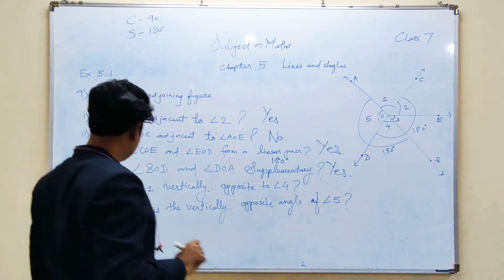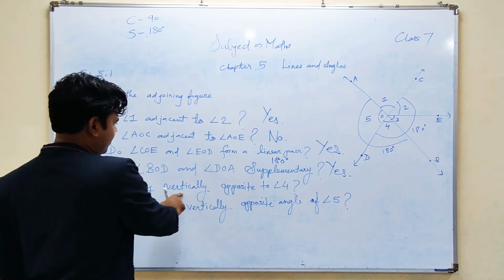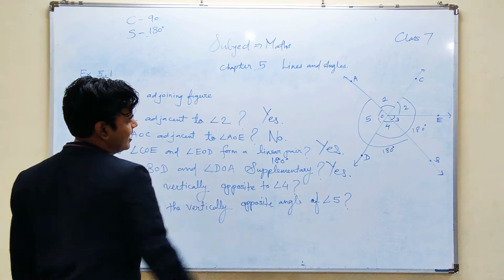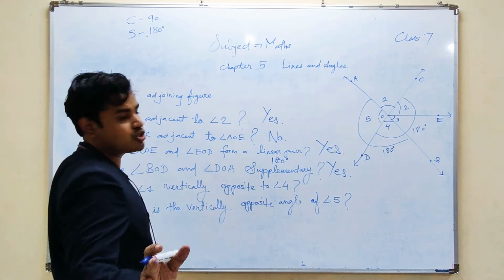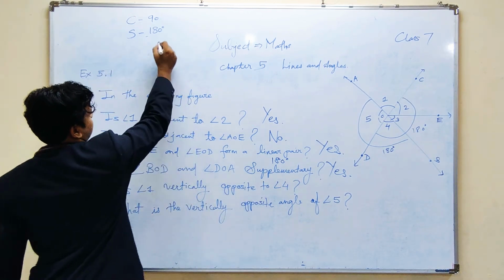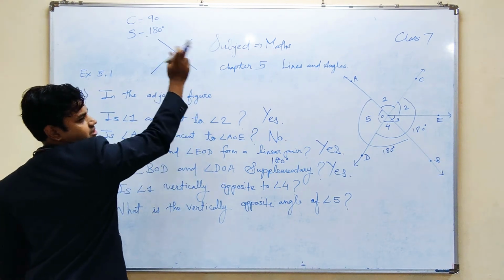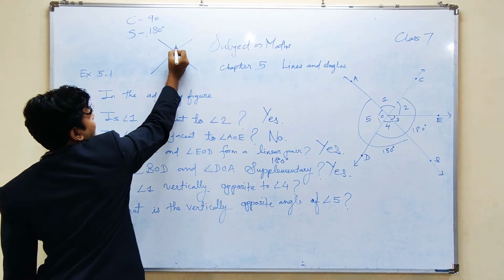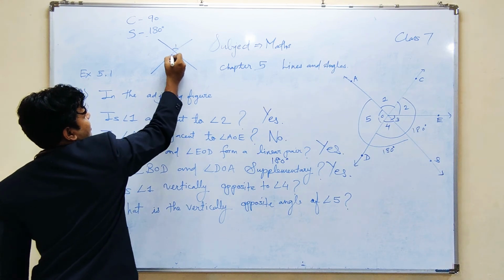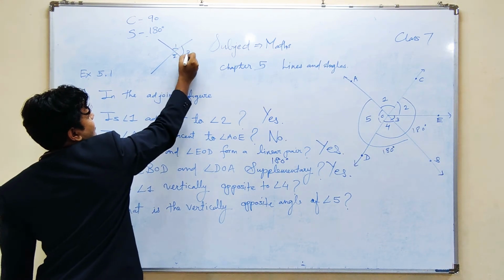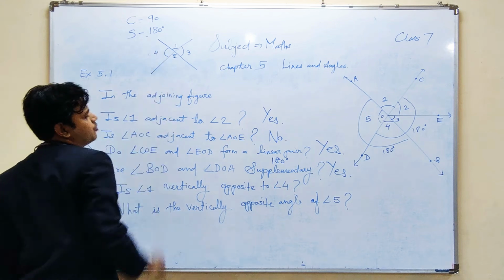Next is: is angle 1 vertically opposite to angle 4? Vertically opposite angles are the angles formed when two lines intersect each other, like an X. This angle and this angle are vertically opposite angles, and this angle and this angle are also vertically opposite angles.